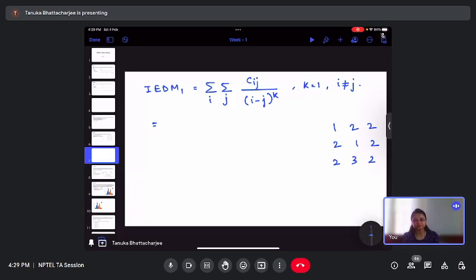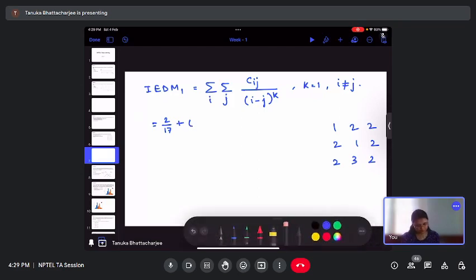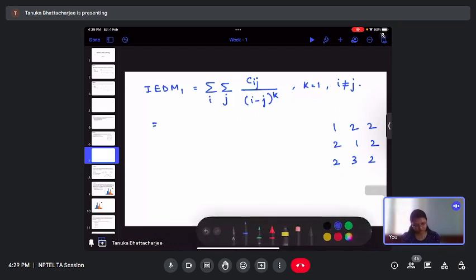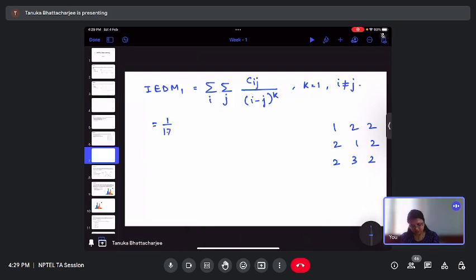I am also computing in the meantime. Let me just do one thing. I will take the 1 by 17 common and I will do this way.